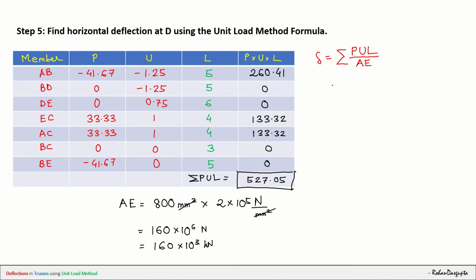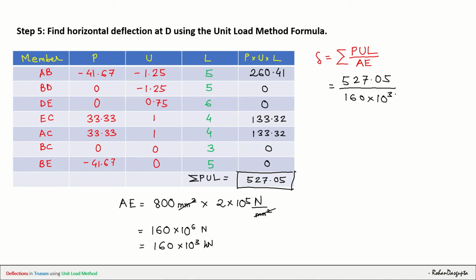So now I will put the formula. Summation of PUL, 527.05, divided by the value of AE, which is 160 into 10 raised to the power 3.